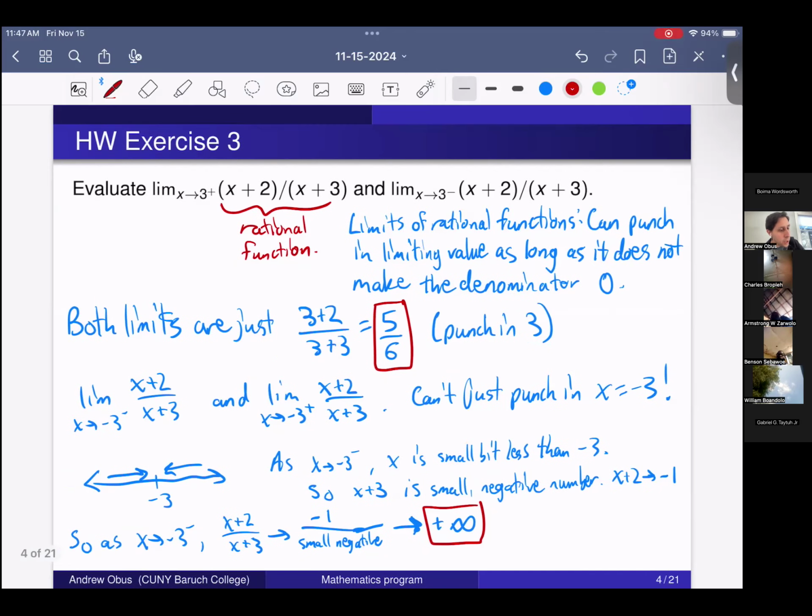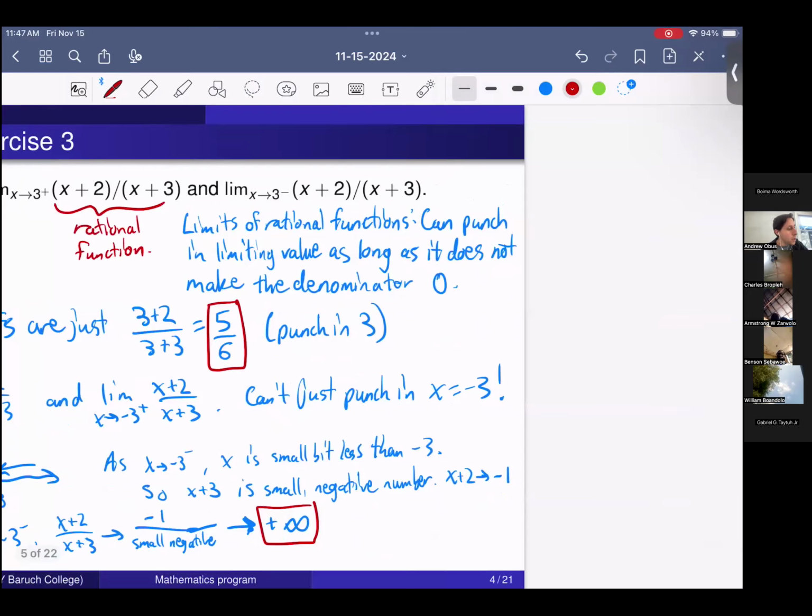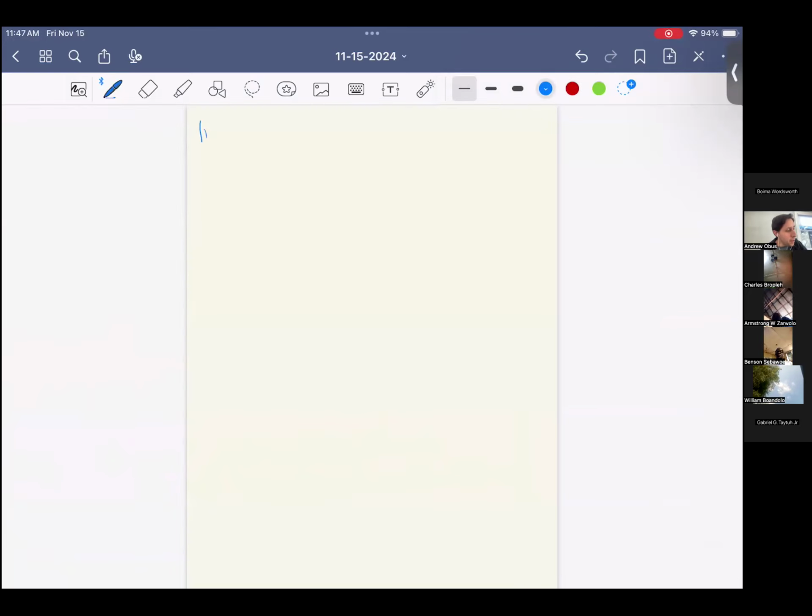I'll add an extra page here. So let's now evaluate the limit as x approaches -3 from the positive side of x plus 2 over x plus 3.